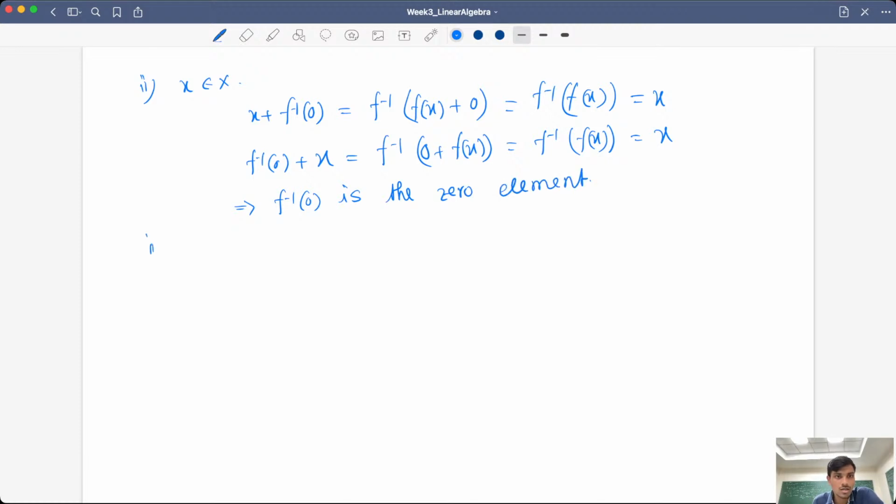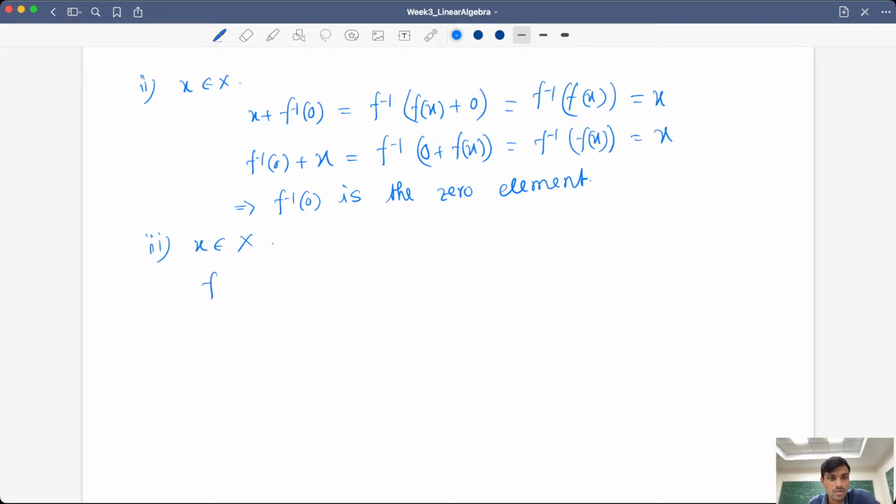Okay, third is inverse. Inverse again you can guess from here that it is just the f inverse of minus x, right? So if I take x belongs to X, its inverse should be f inverse of minus x, right?